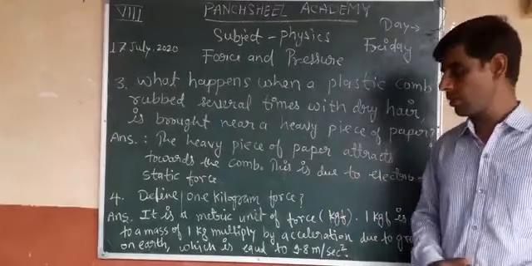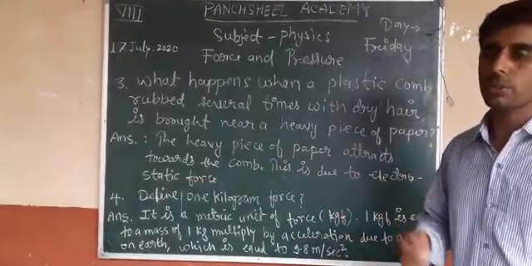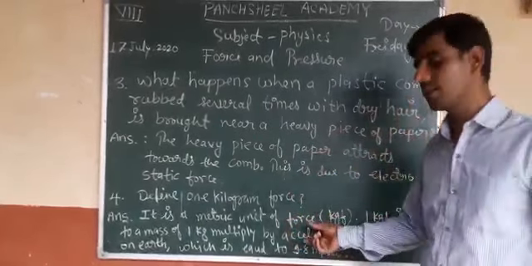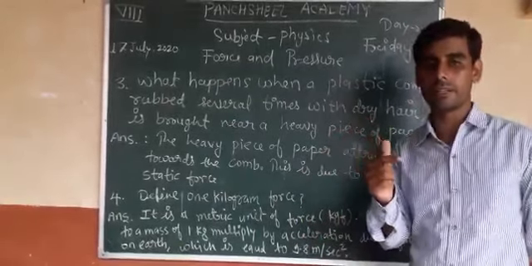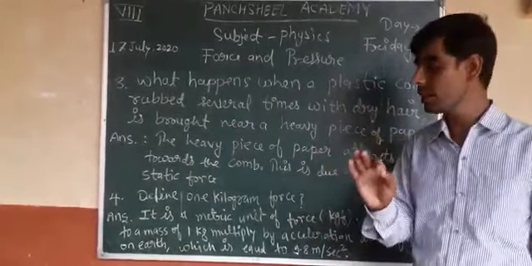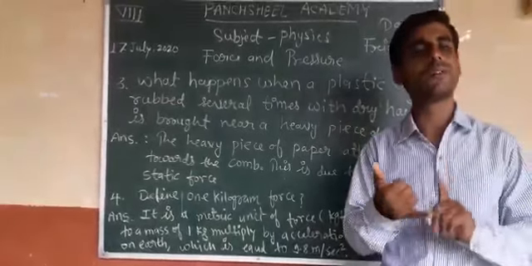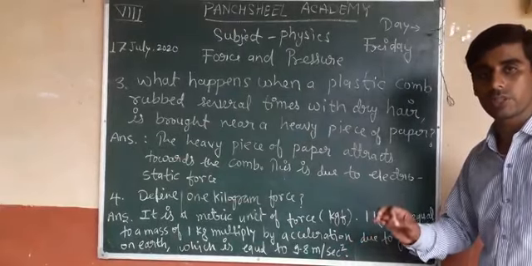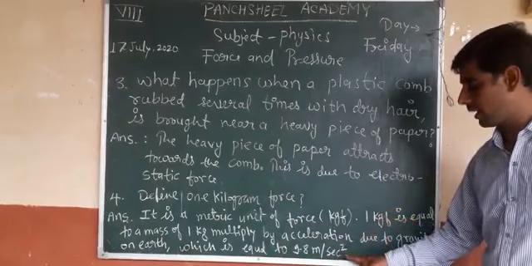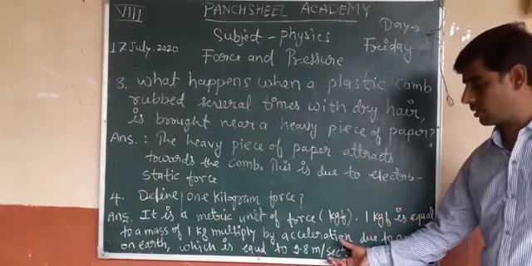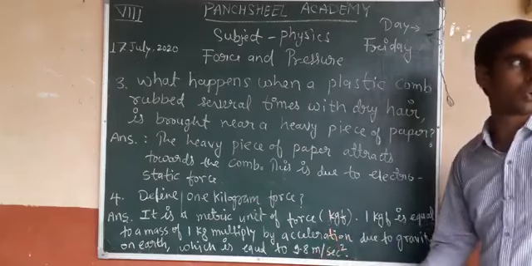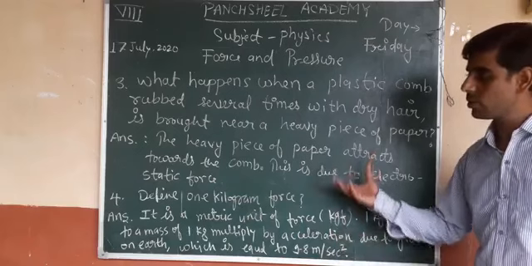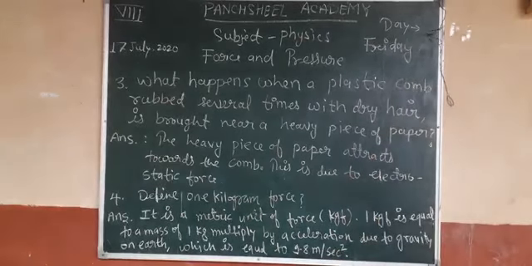So 1 kgf is equal to the 1 kg mass of any object multiplied by acceleration due to gravity, mass into g. What is g? g is the acceleration due to gravity, and the value of g is 9.8 meter per second square. This is the value of acceleration due to gravity, and more information based on acceleration due to gravity you will study in your higher classes. Okay, so write down this question and its answer.